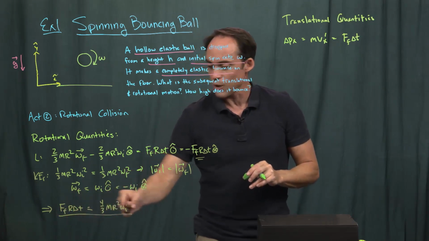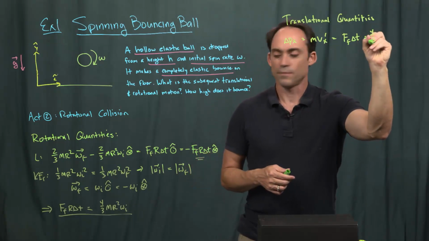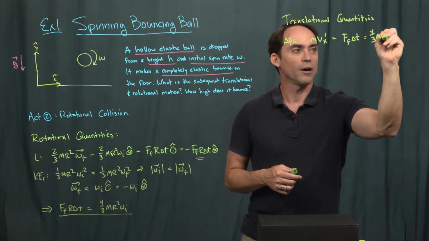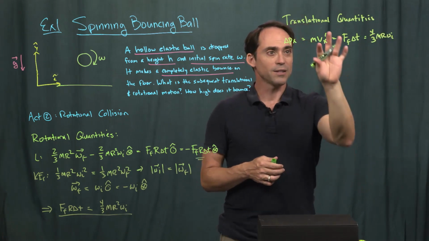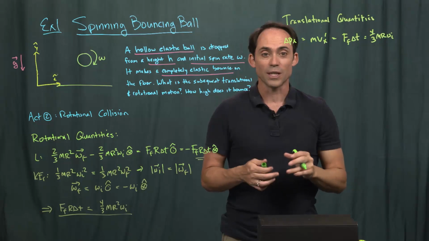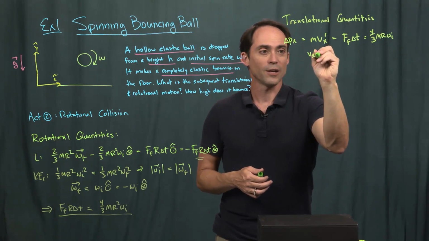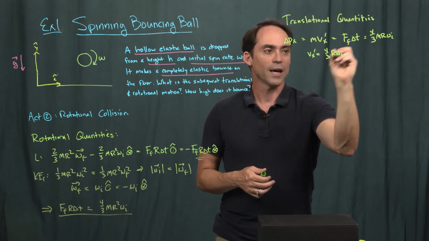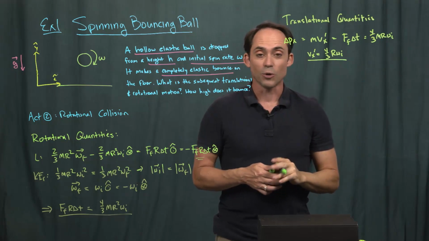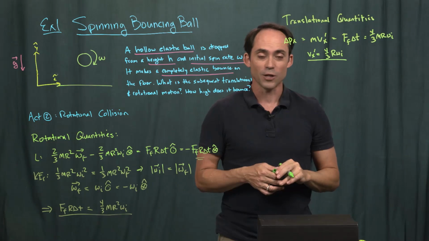If I divide this equation by r, I'm going to get 4/3 times mr times the initial rotation rate. And since the only unknown in this equation is really that x direction of velocity, we can just write that out as 4/3 times r times omega I. So we've got at least one component of our velocity solved for using that equation.